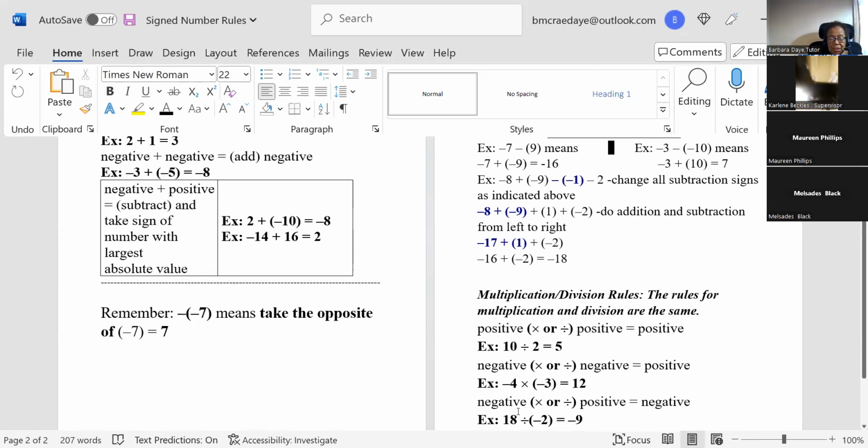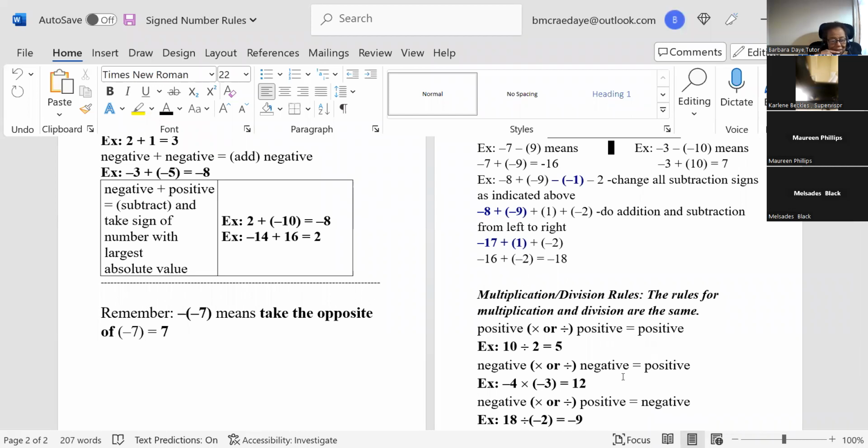Okay, so 18 divided by minus 2 gives you minus 9 because 18 is plus and 2 is negative. And then the multiplication, minus 4 times minus 3 gives you 12, but you have what? A negative and a negative, they are the same. That's why you get a positive. Okay. Got it?